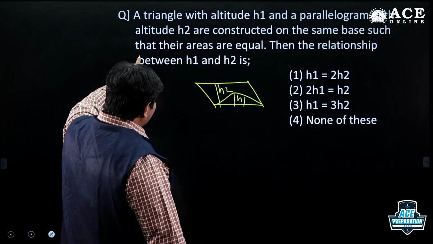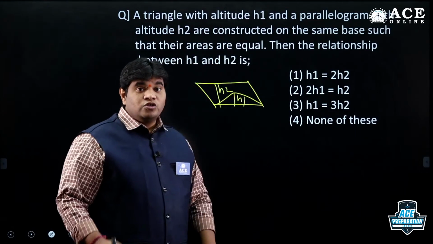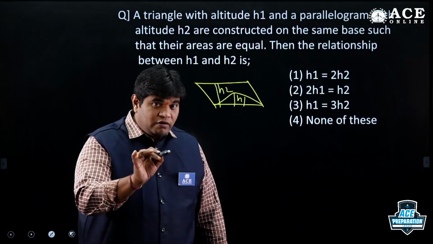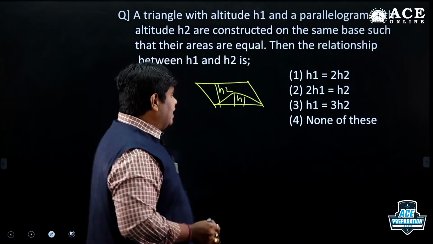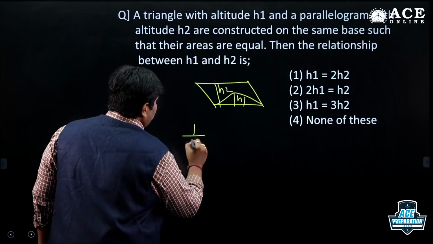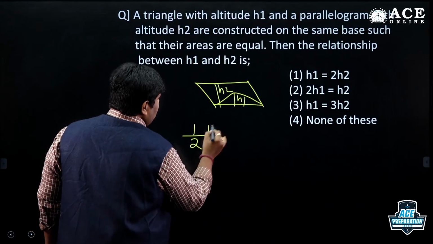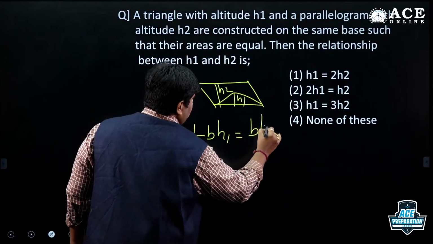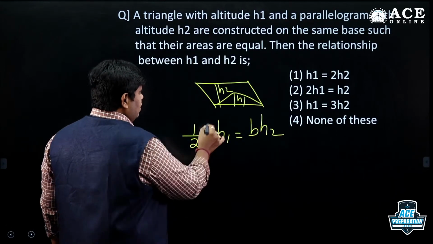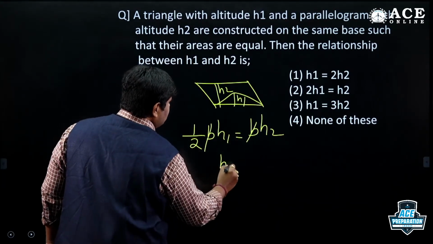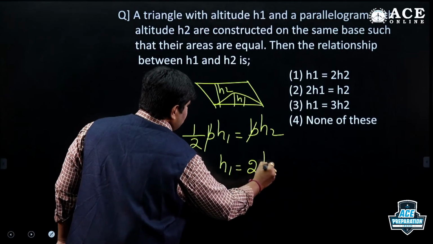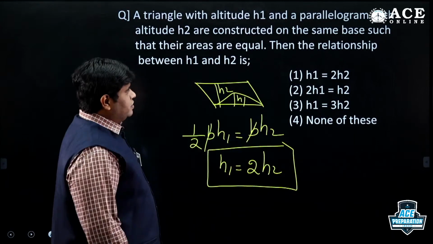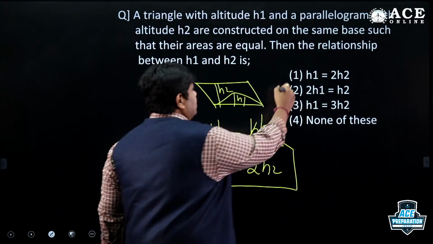Same base, such that their areas are equal. I mean triangle area is equal to the parallelogram area. The base is the same, so the bases cancel. So h1 is equal to h2. This is the concept.